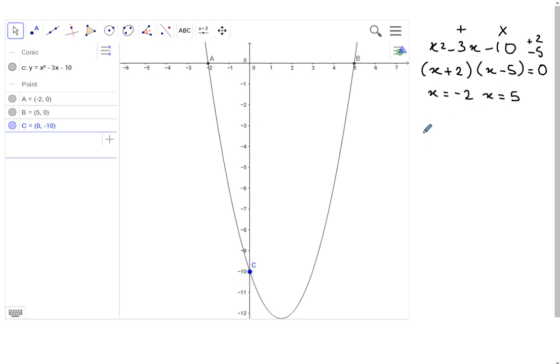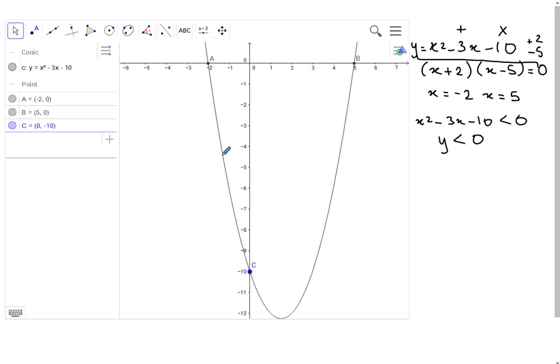Okay, so if the inequality is x squared minus 3x minus 10 is less than 0, then, because the equation came from y equals x squared minus 3x minus 10, when we make y equals 0, that becomes the x-intercepts. So here we want the values of x when y is less than 0.